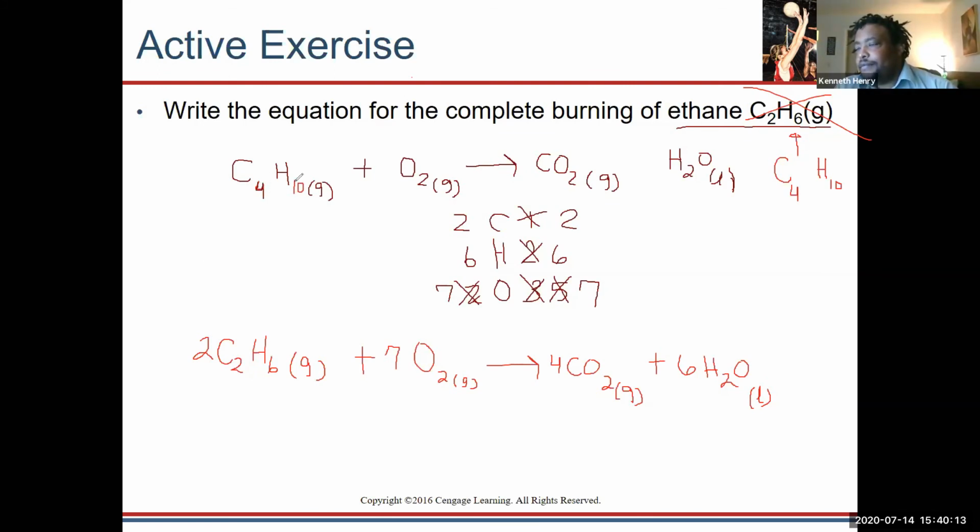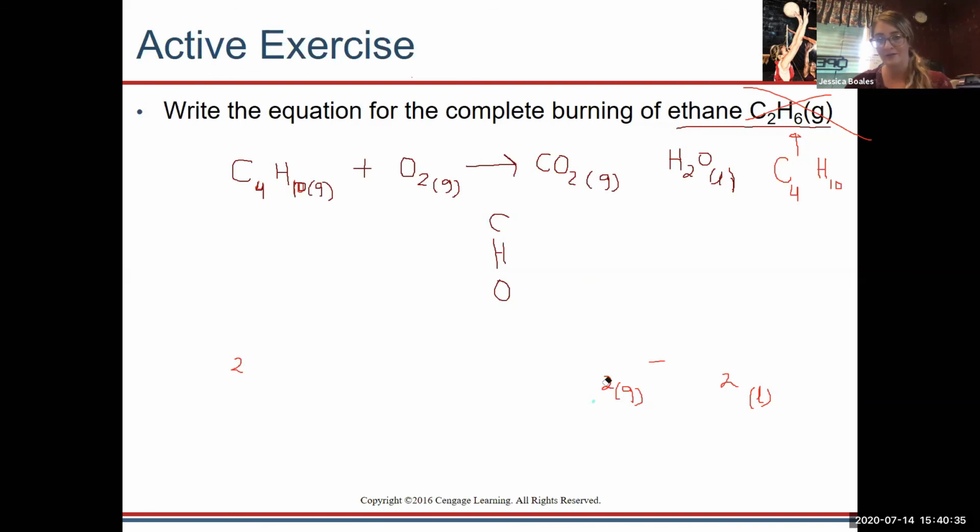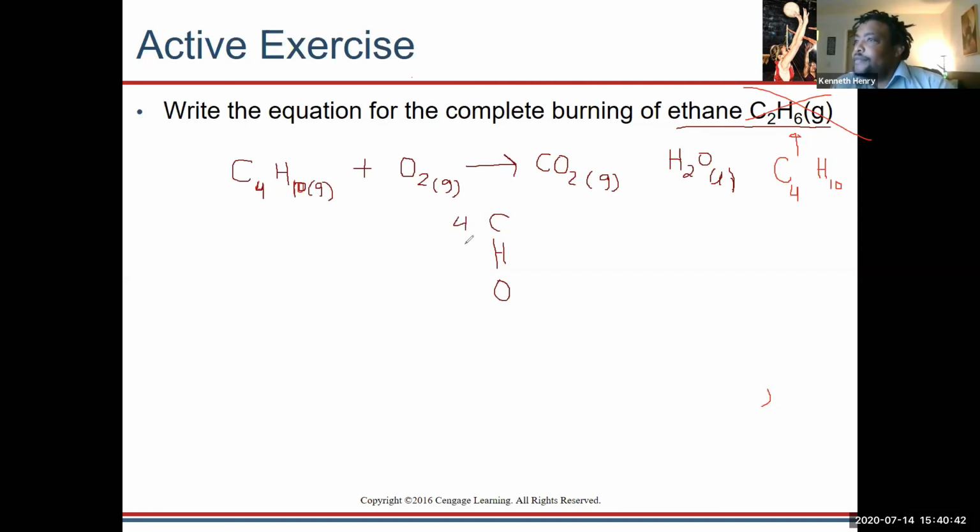How do I balance it? Write out our elements again. We have 4 carbons on the reactant side, and 10 hydrogens, 2 oxygens.